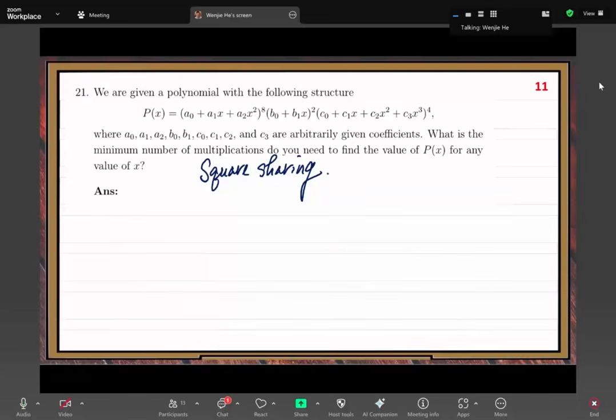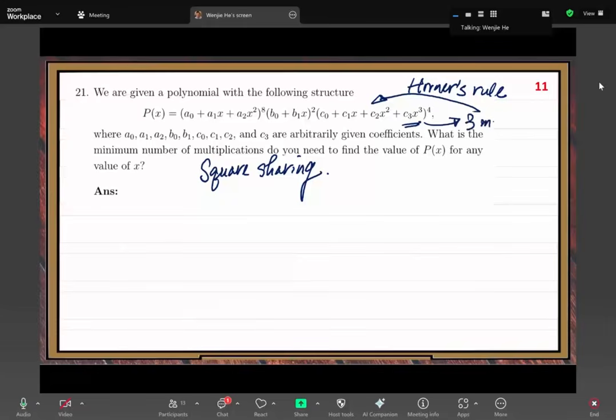First, we apply Horner's rule to count the number of multiplications within each pair of parentheses. Horner's rule on this pair, the highest degree is 3, so 3 multiplications.